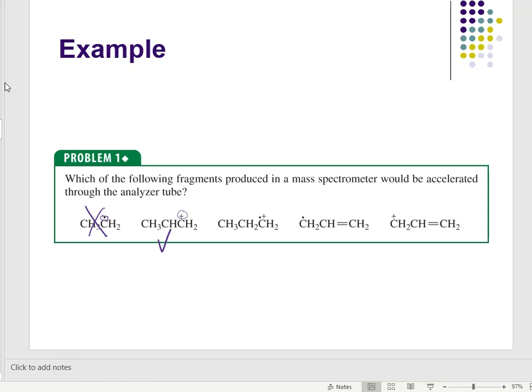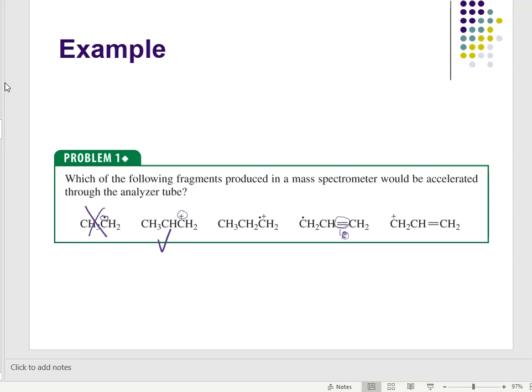The fourth one we can probably go ahead and talk about. It looks like there is a double bond. And this double bond would be a negative source, right? But it's a bond. It's not really a charge. That's a negative area of the molecule, but it is not a full-blown negative charge.